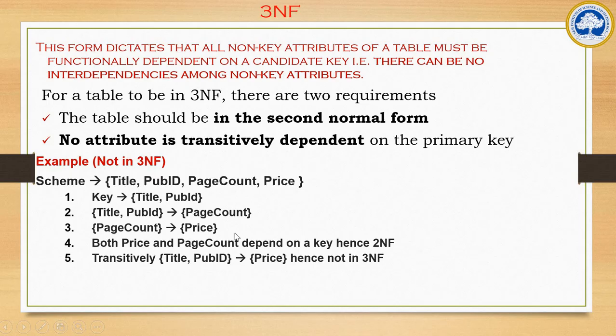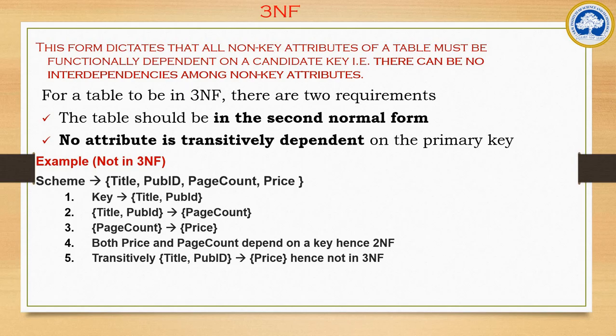The key attributes are title and publication ID. The page count is dependent on title and publication ID, and price is dependent on the page count. So both price and page count depend on the key, so it satisfies the 2NF.